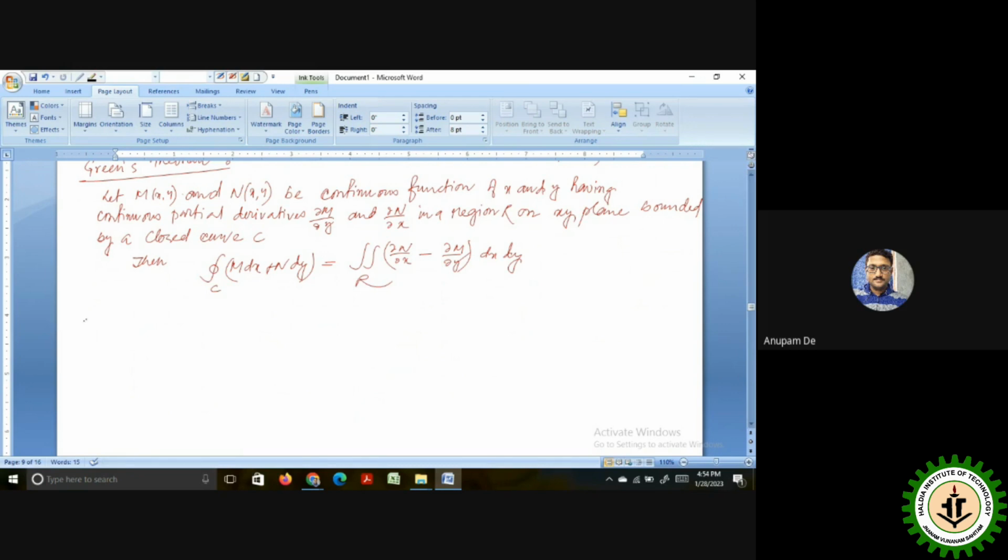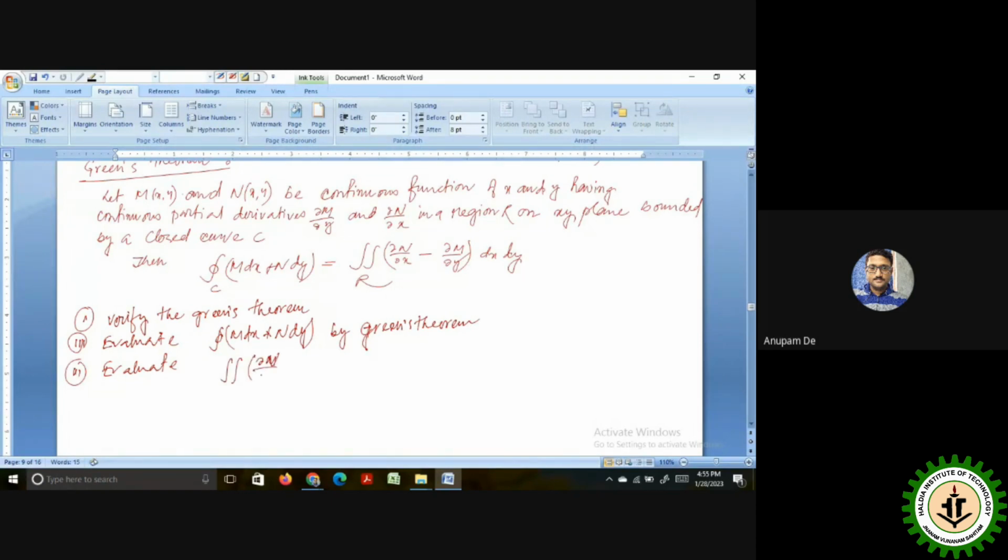One is to verify the Green's theorem, and the second type of problem is to evaluate this M dx plus N dy by Green's theorem, or the question will be the other way, evaluate the double integration of del N del x minus del M del y dx dy by Green's theorem.